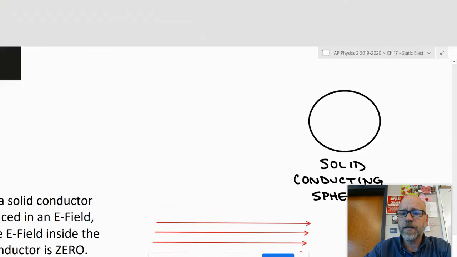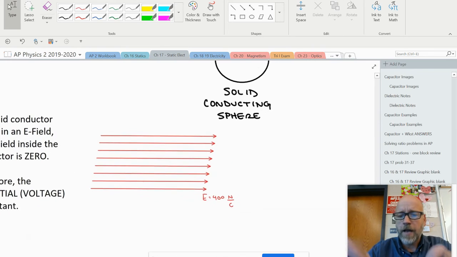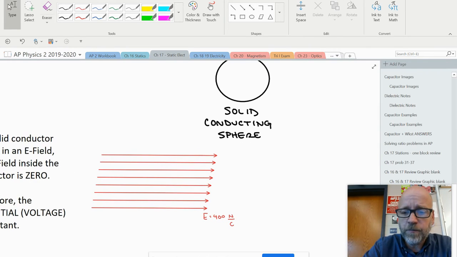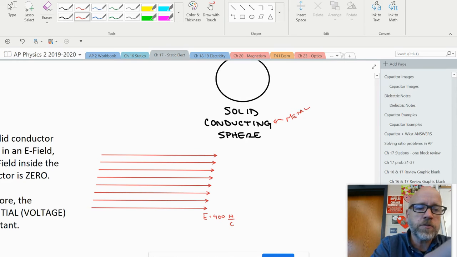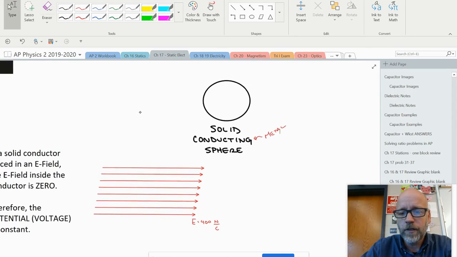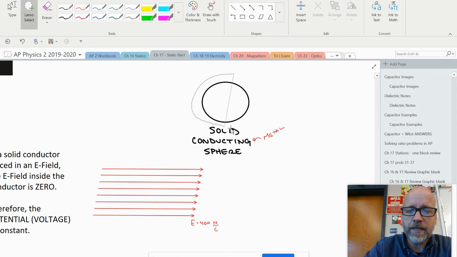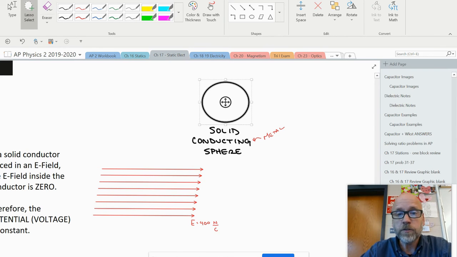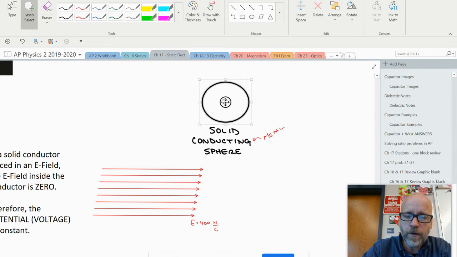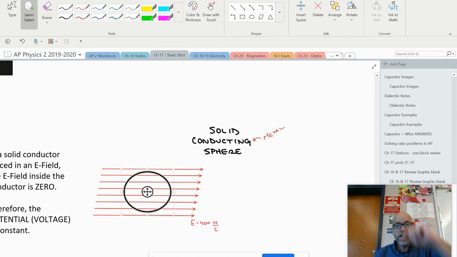And if I take a solid conducting sphere, which means it's made most likely out of some metal, which means that the very outermost electrons are barely held to the nucleus, and they can easily be forced to move. Now, if I take that sphere and place it in the electric field, that electric field is going to cause some of the charges to move.